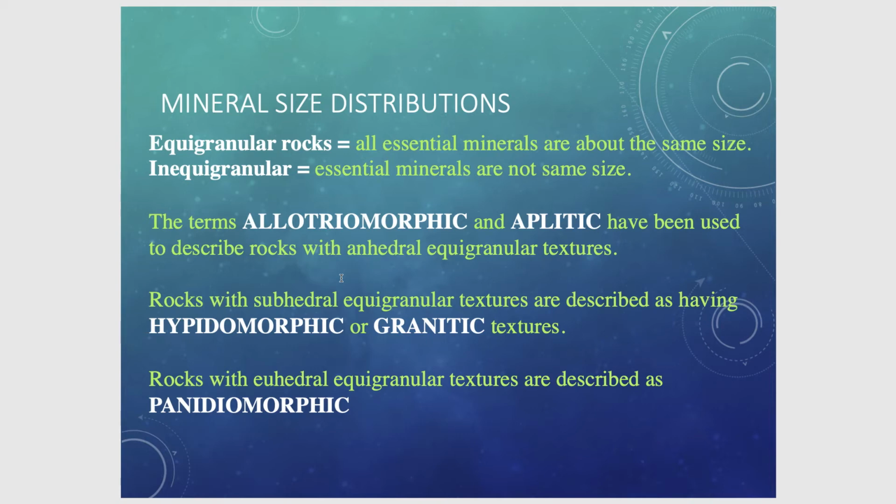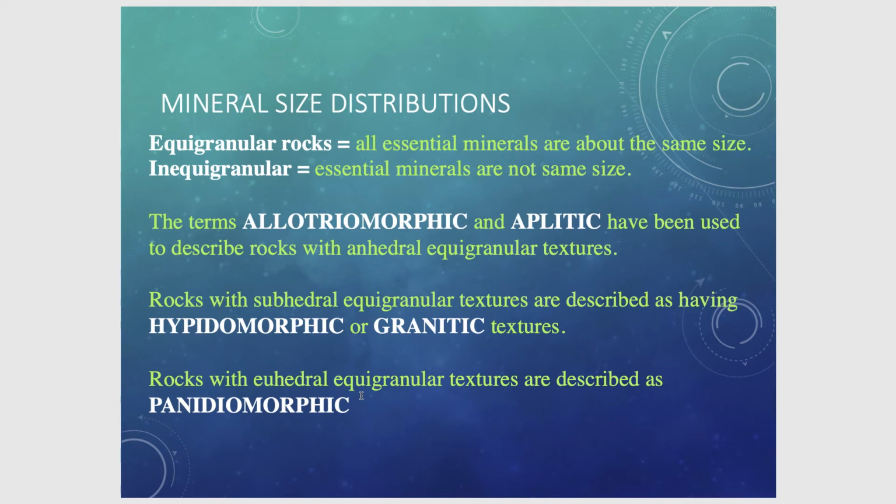So usually aplitic dikes form in relatively shallow conditions, and they don't have enough time to crystallize. So you tend to have very fine grained textures that are equigranular, and this would be a good term for the classification of an aplite.